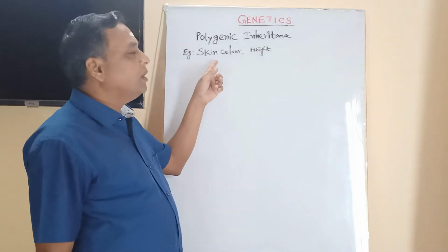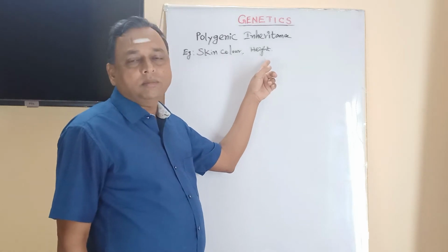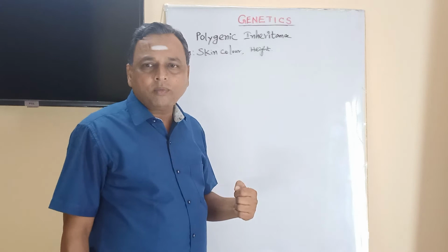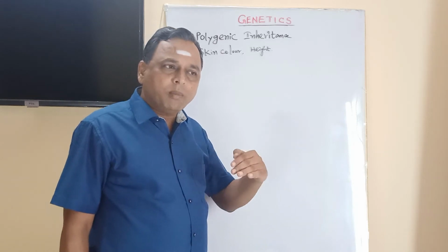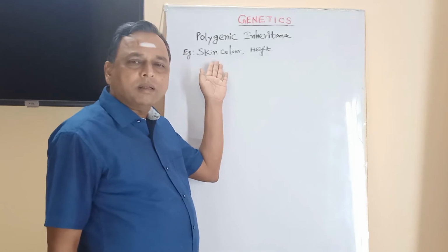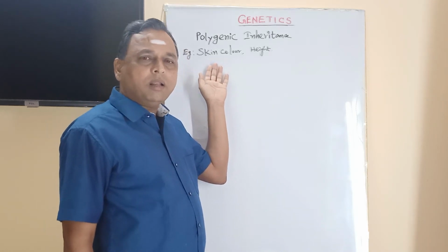For example, our skin color as well as height. Do we have only tall and dwarf in humans? No. There are many different heights. Similarly, skin color. Are there only 2 skin colors, very dark and light?